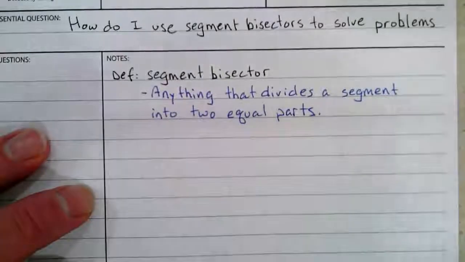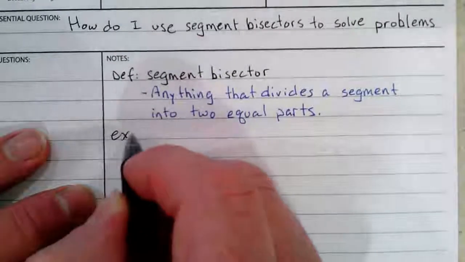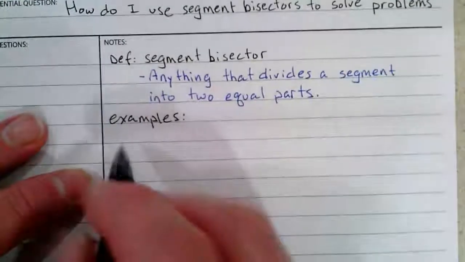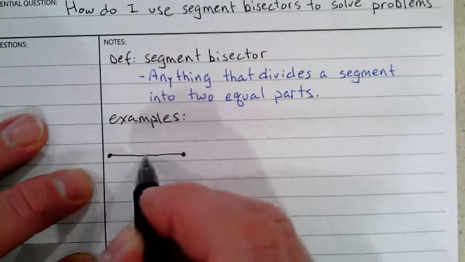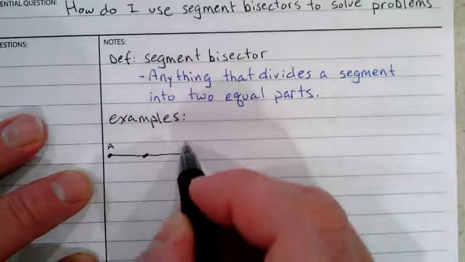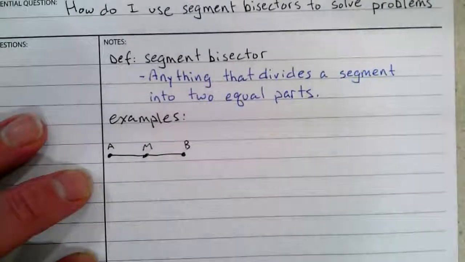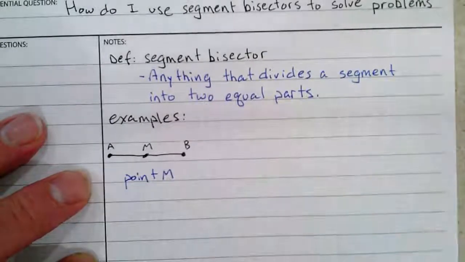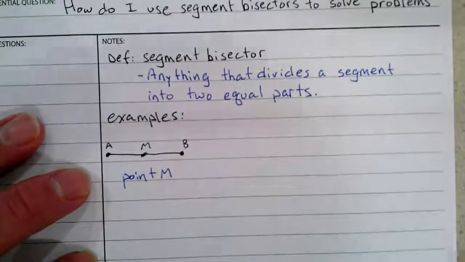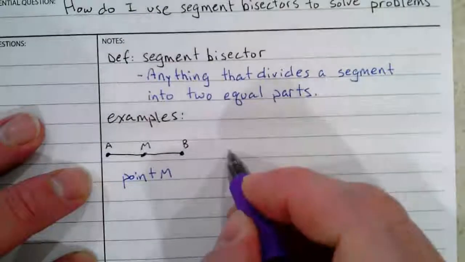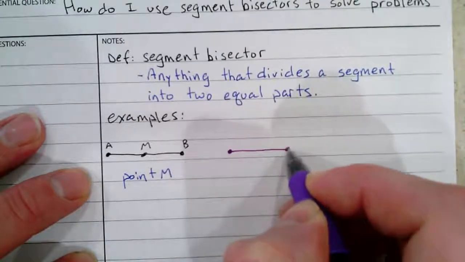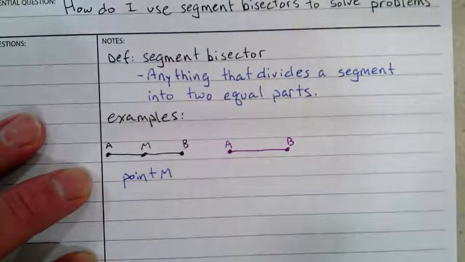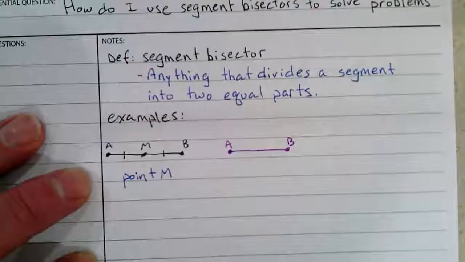So let's look at some examples. For example, we could have segment AB, point M. We could also have, here's another example, segment AB. Oh, by the way, it'd be good to put these markings here to say that the two halves are equal lengths.